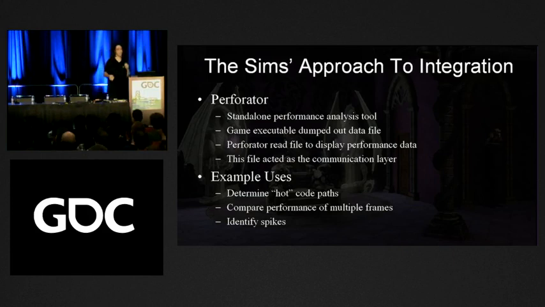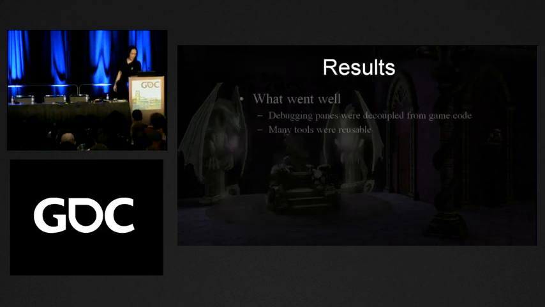That was really, really cool. Perforator went a step further because we've used it on projects that have no real basis in the Sims 3 code base. We've used it all over the place in the Sim Studio, which is also really amazing. That's some of the power that you get from having these tools that connect directly. It's always a trade-off on what you really want to do, but thinking about integration is extremely important.